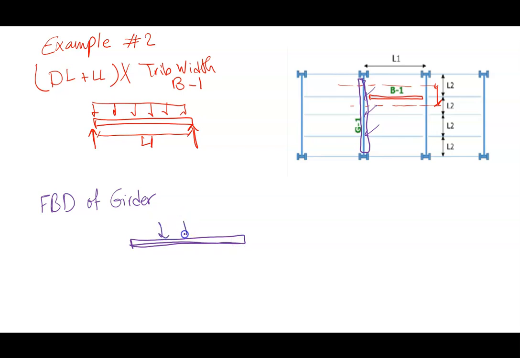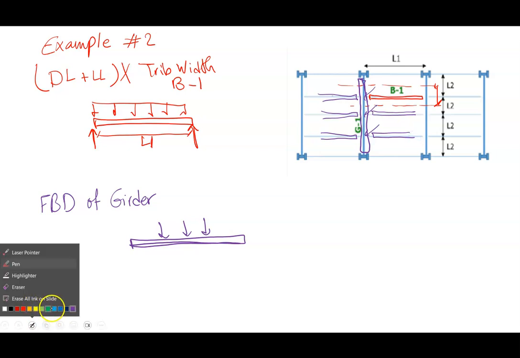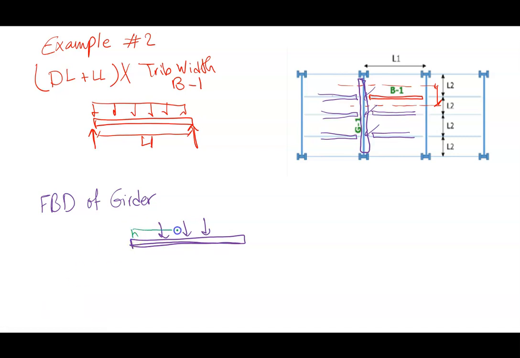And we had 1, 2, 3 point loads from beams attached to the girder. Remember that you need to add dead load of girder in your calculation. And then we calculated the end reactions.